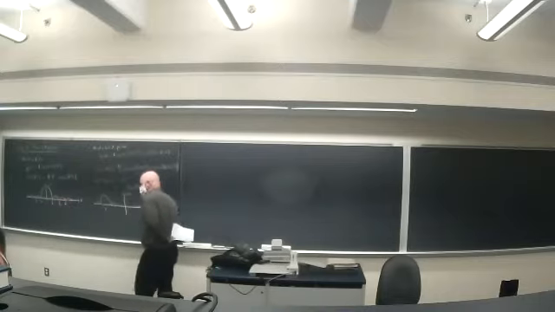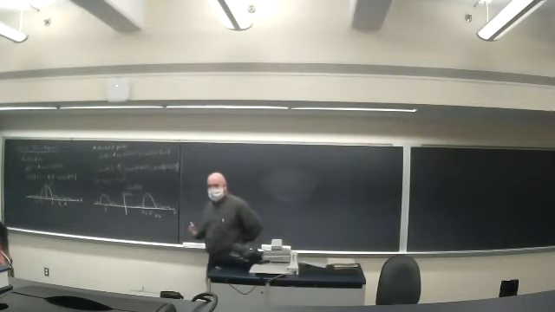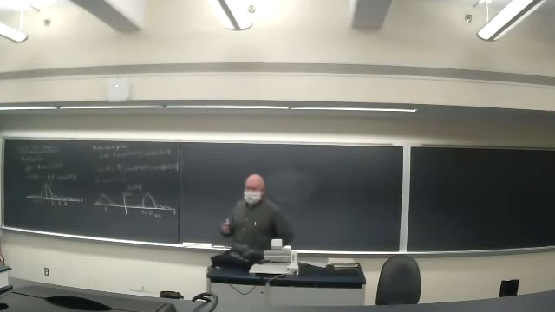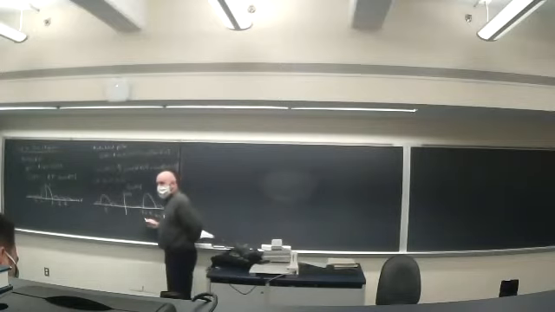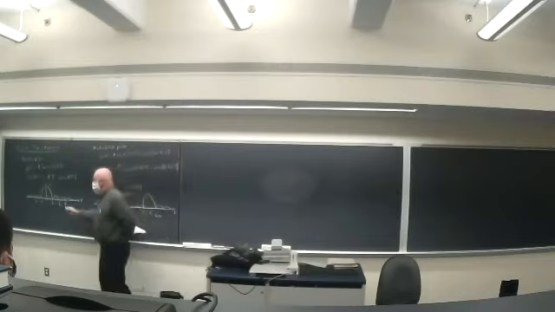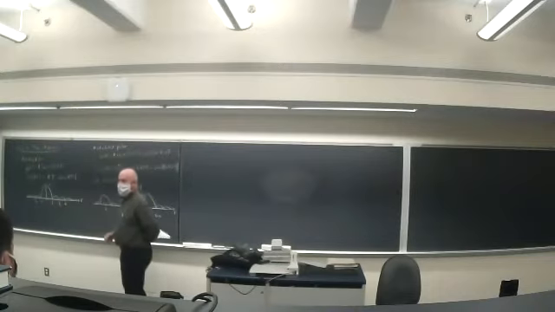The carrier frequencies on your AM radio are like 660 kilohertz, and then up to 1440 kilohertz, 1.4 megahertz. So this is in the megahertz range compared to 20 kilohertz.